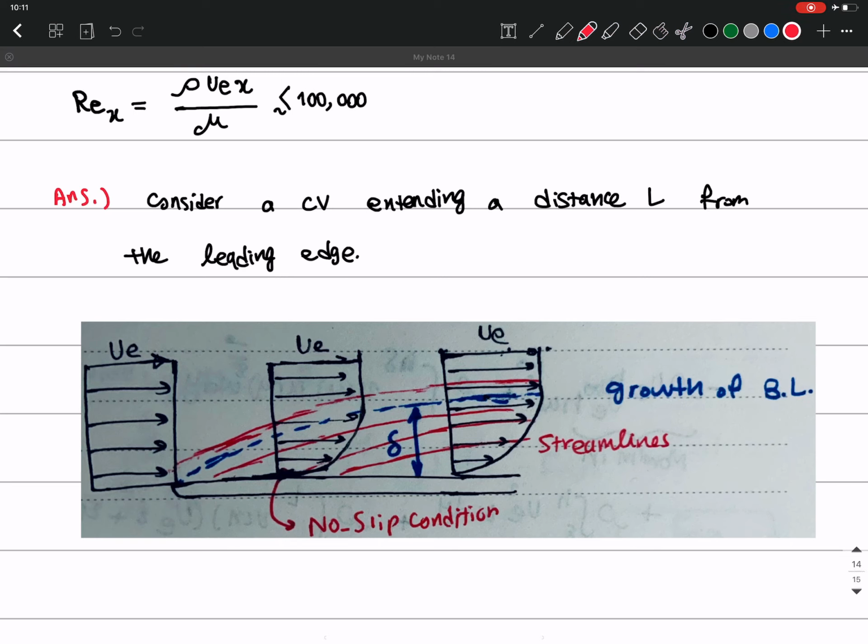At the beginning, you have the full profile of ue, okay?